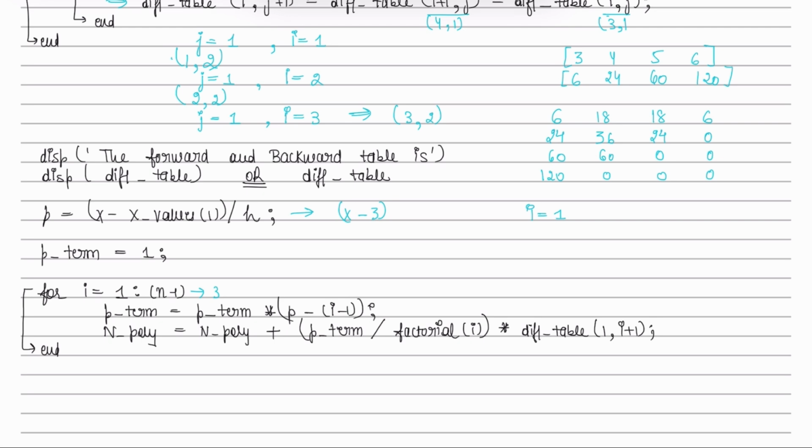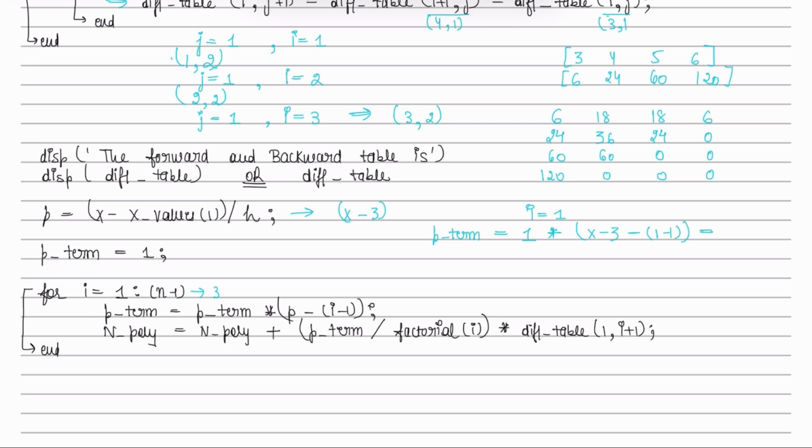Now when the value of I is 1, p term will be updated as p term into p minus I minus 1. So p term is equal to 1 into the value of p, which is x minus 3, minus the value of I minus 1, which is 0.